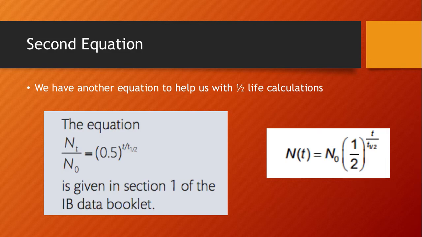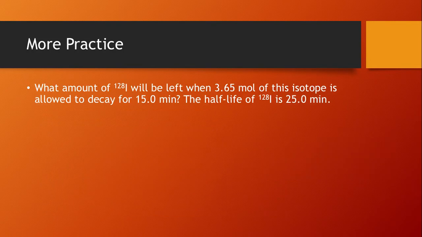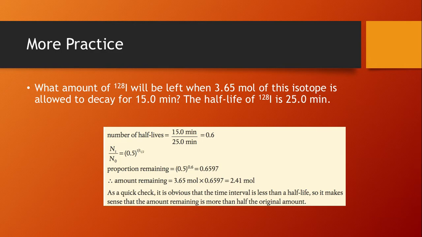We can figure out the number of half-lives by comparing the amount of time that we're allowing it to decay divided by the actual half-life. So if we take 15 minutes divided by 25 minutes for one half-life, that means we've got 0.6 half-lives.